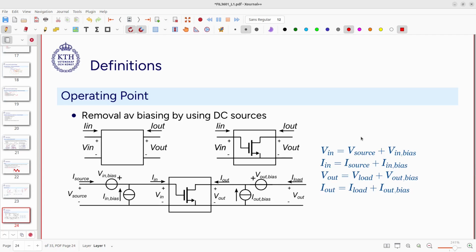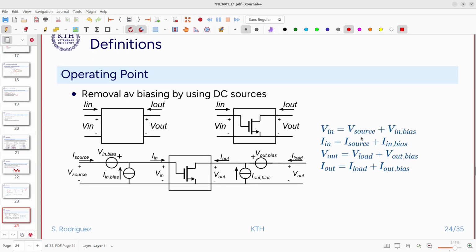Now, how to do the removal of the operating point? Let's check first theoretically how the operating point works. We have a circuit that includes active components. It can be, for instance, one transistor. So we have one MOS transistor here, and we can apply voltage at the input.